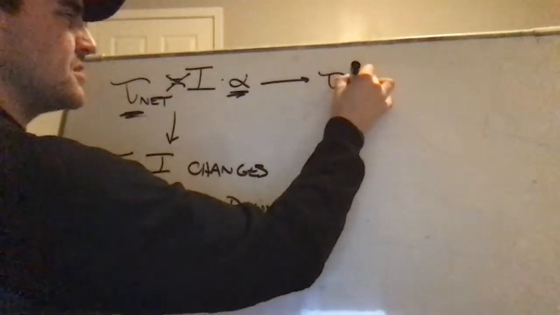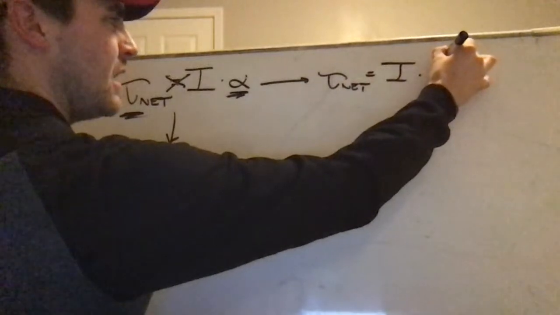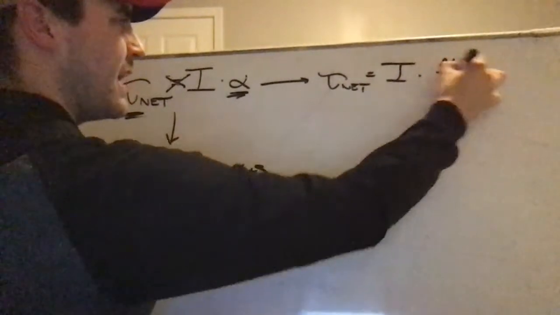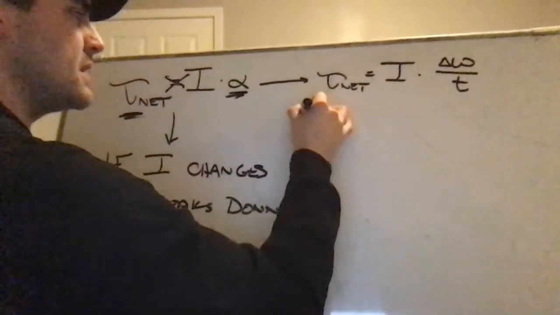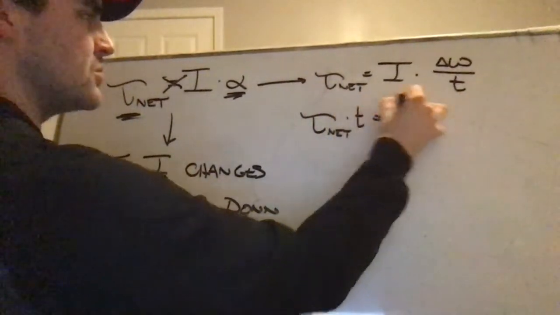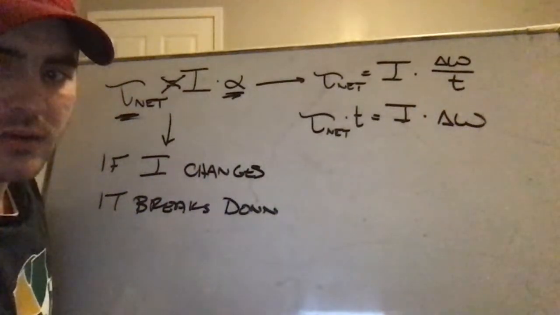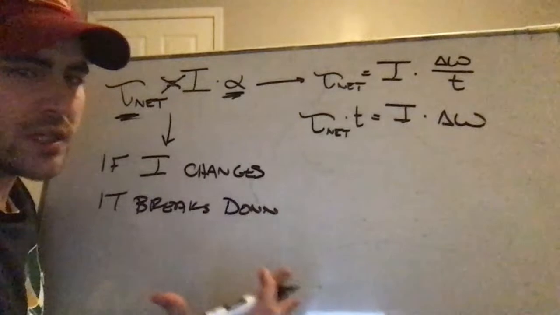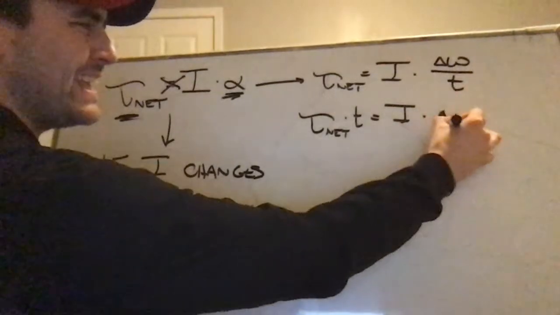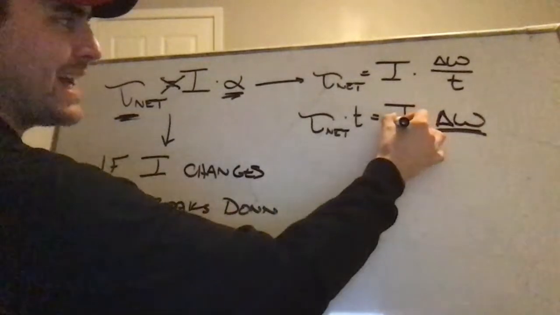Let's make some substitutions. T net equals I times change in omega over T. I'll do this: T net times time equals I times change in omega. Here's why it breaks down. This expression is only accounting for changes in angular speed, not for changes in I.